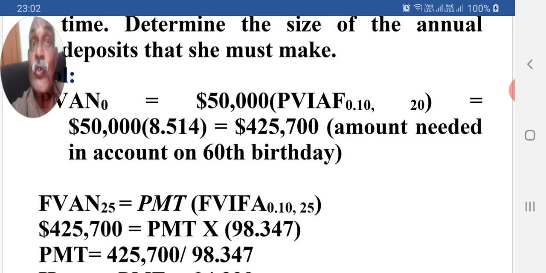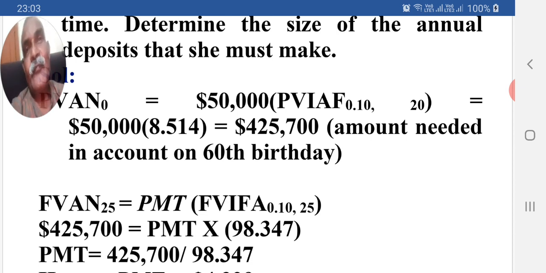Now the question is, how much should we save from now, that is from the age of 35, so that the amount will be 425,700 at the time of retirement, so that I will get 50,000 every year after retirement till the age of 80.